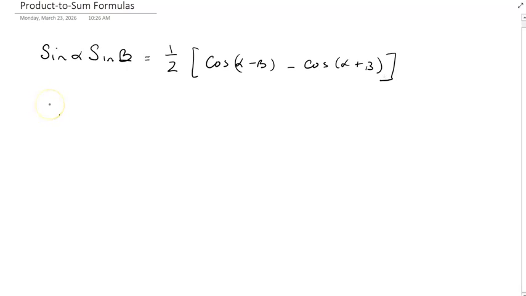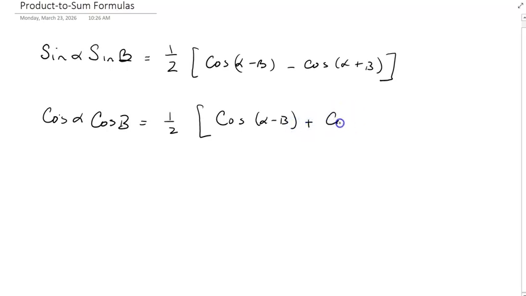So cosine alpha times cosine beta simply becomes 1/2 cosine alpha minus beta plus cosine alpha plus beta.